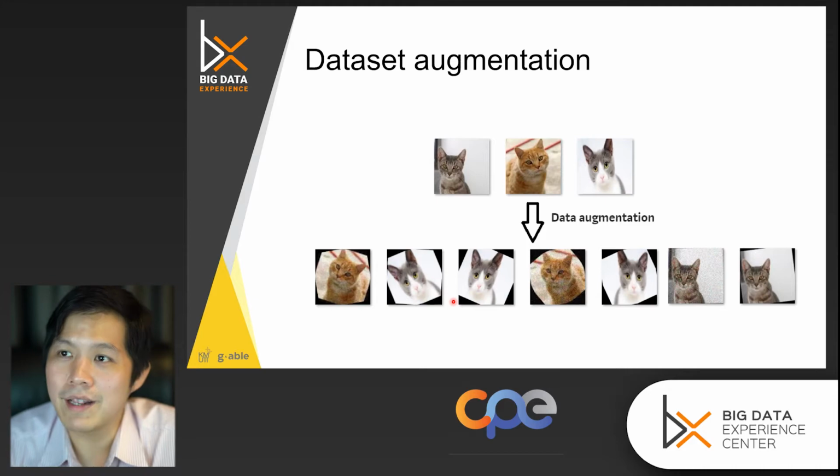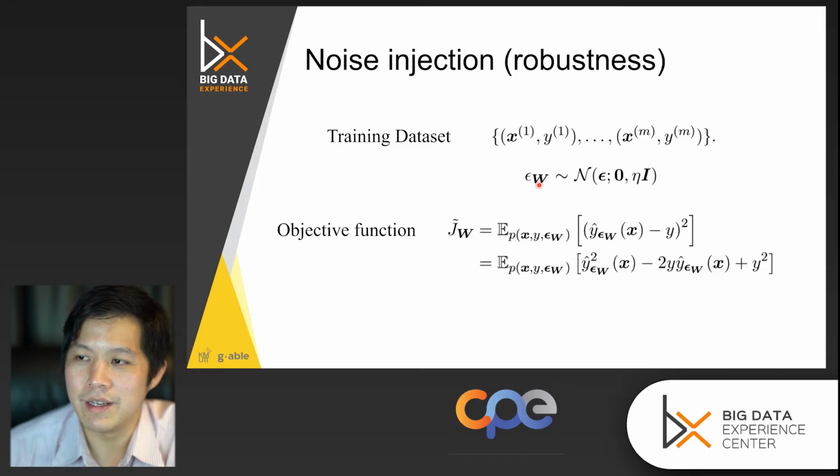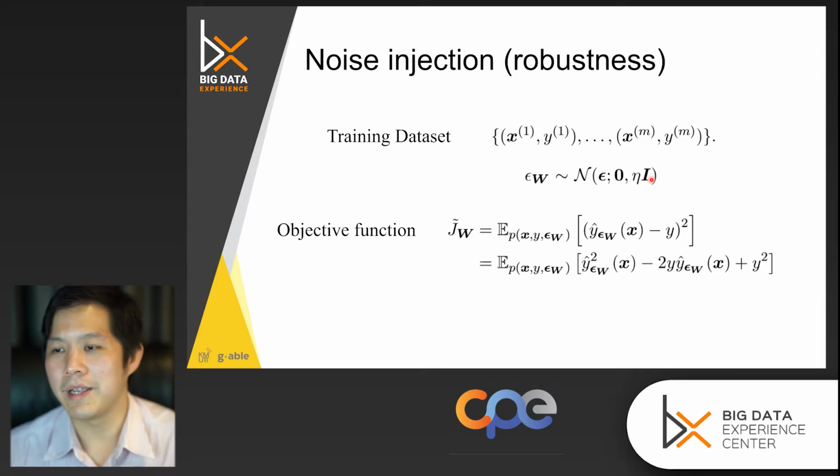Okay, so mathematically it can be explained like this. This is for noise injection. You have x and y in pair, and then you have the error or the noise, the white noise. This has a distribution, say the normal distribution, with mean zero and a certain variance in the covariance of x and y.